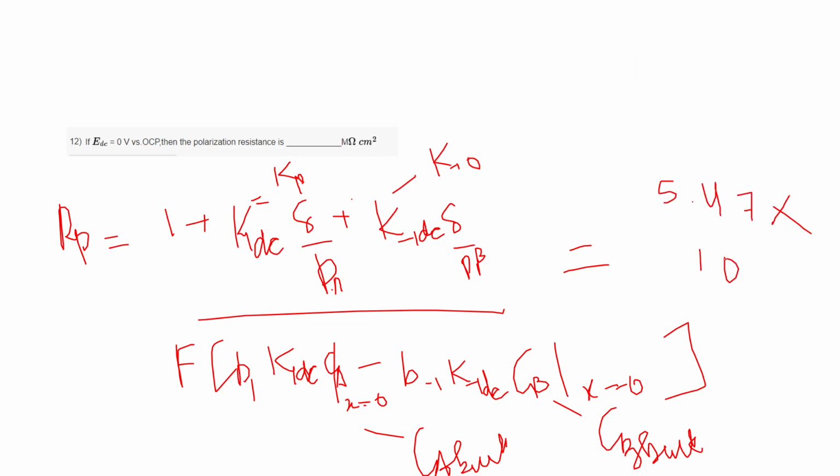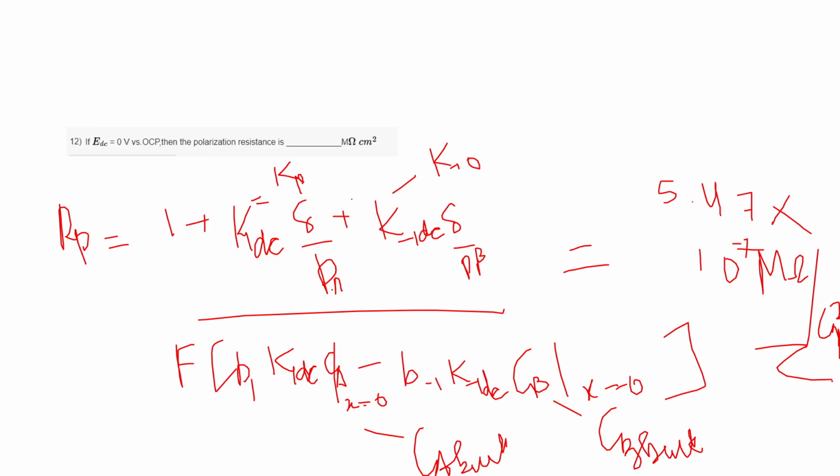So the answer is in mega ohms per centimeter square. I'm writing it like this: 5.47 into 10 to the power minus 7 mega ohms per centimeter square. That's the value I'm getting.